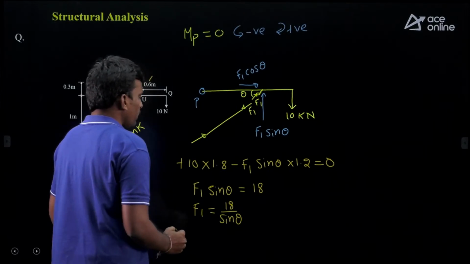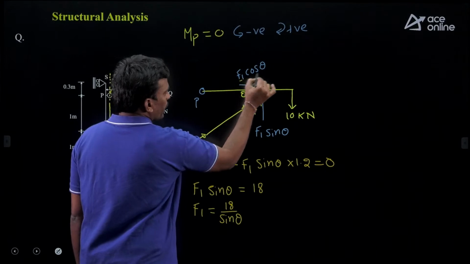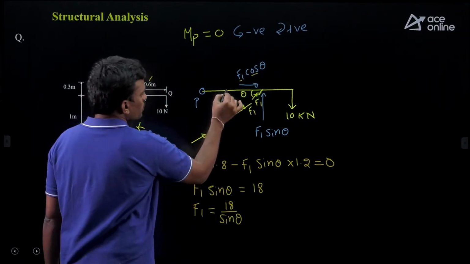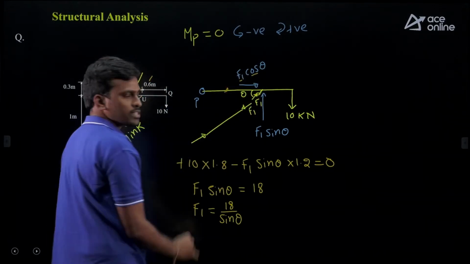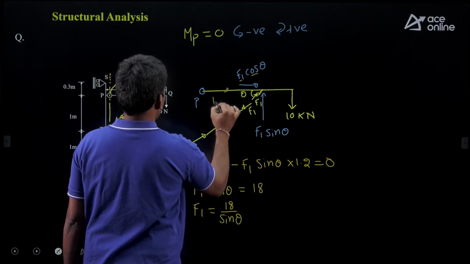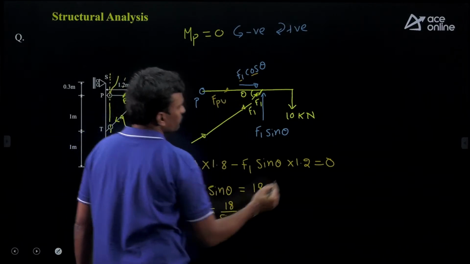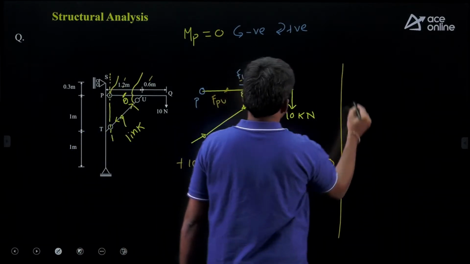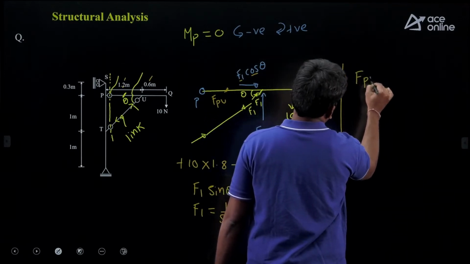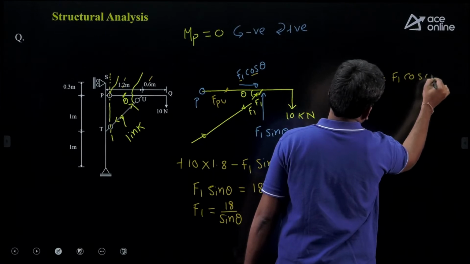Right, students, this horizontal component F1 cos theta is nothing but the force in this member, which I am writing here as FPU. So FPU equals F1 cos theta.